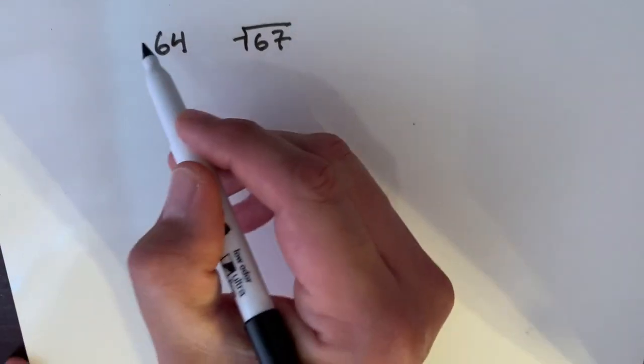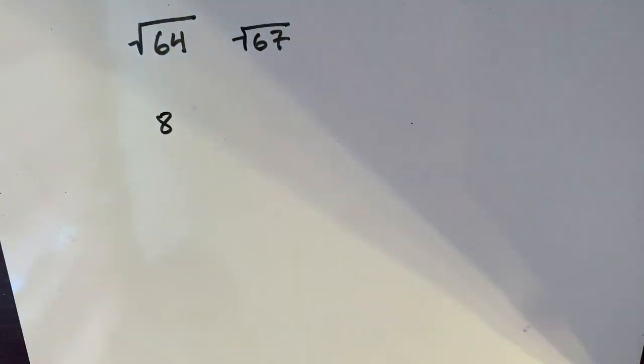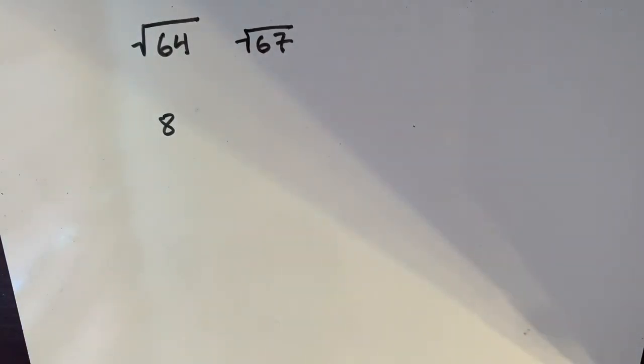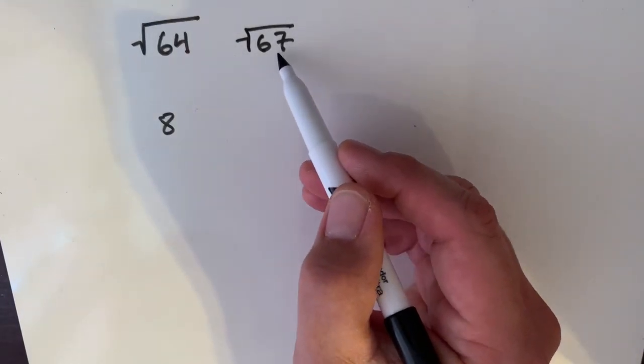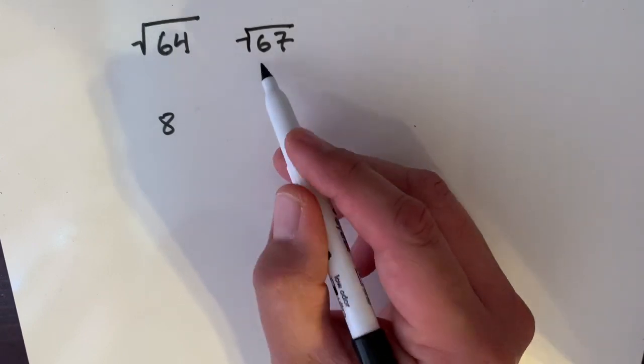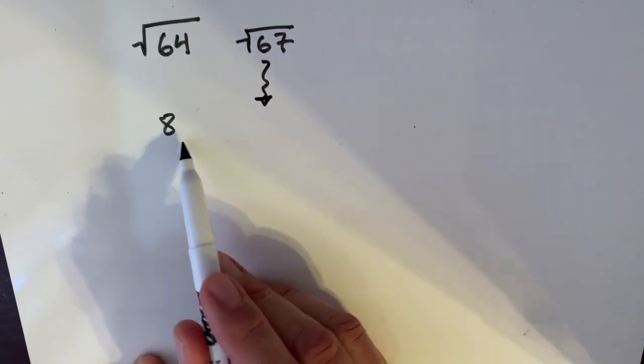And if I square root 64, I'm going to get 8. And for the purposes of IXL, they're working with the positive square root, so I'm not going to worry about the negative. That still doesn't tell me what the square root of 67 is, although I know that 67 is higher than 64, so my square root here must be a little bit above 8.